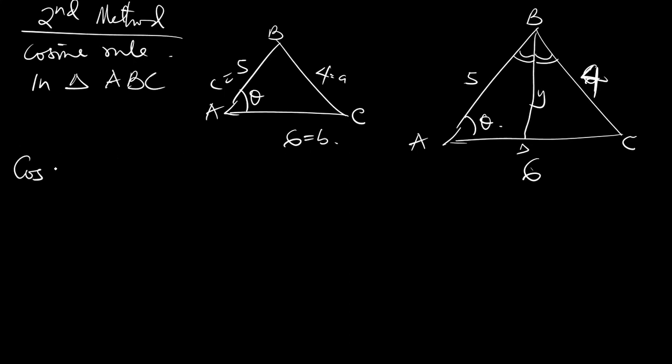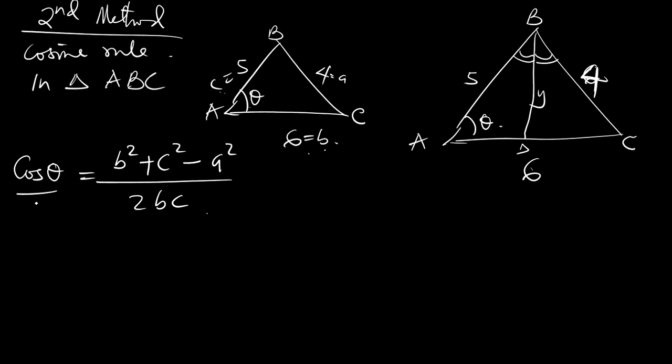Now, cos theta will now be B square plus C square, where B and C are adjacent to the angle, minus the one that is opposite, which is A square, divided by 2 times BC. So that is the formula for cosine.